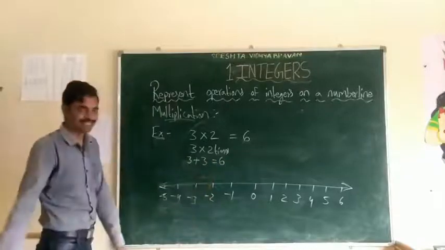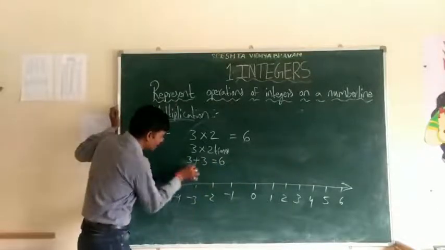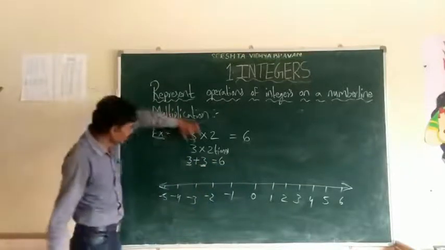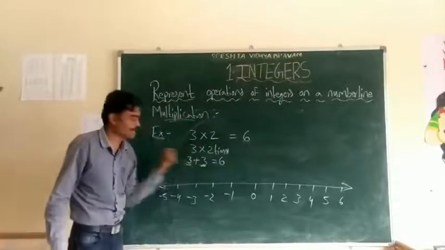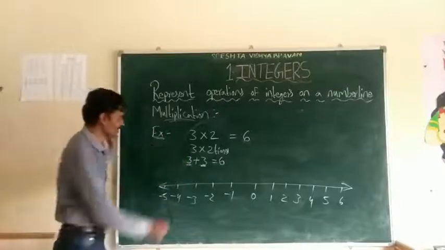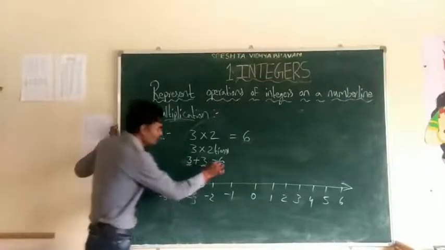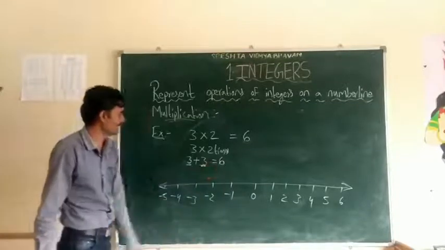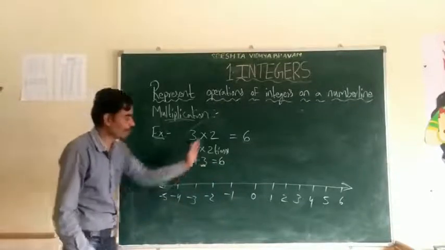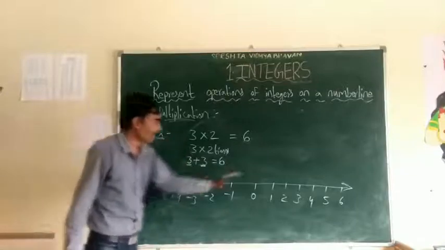What is the answer? 6. That means we are adding 2 times the number 3. That means 3 plus 3 is equal to 6. Here also we are talking about the addition process, the forward direction of the number line.